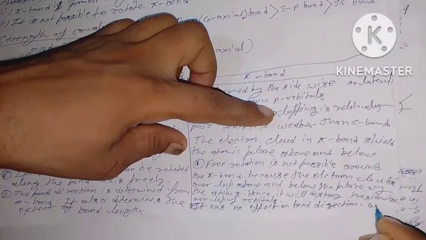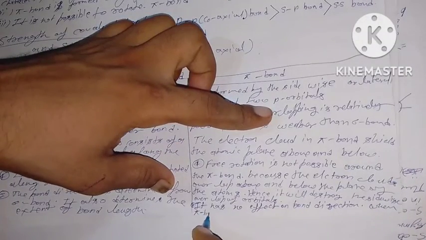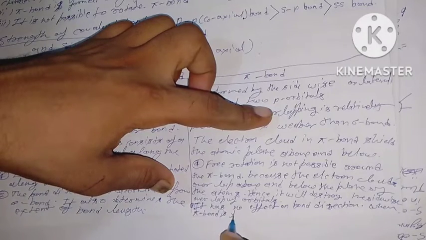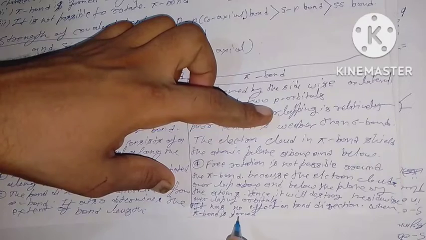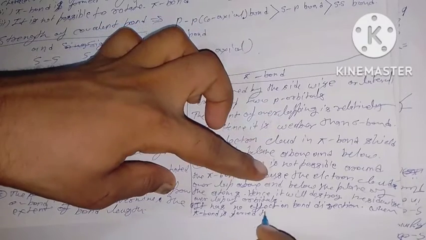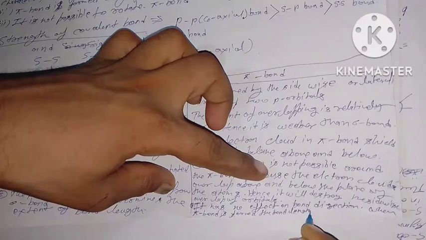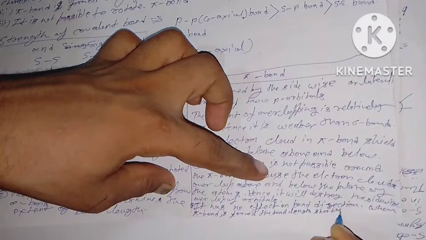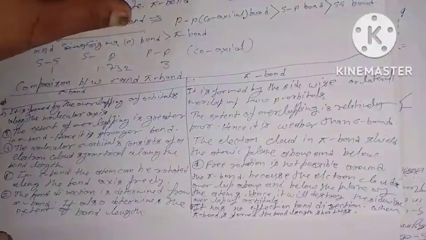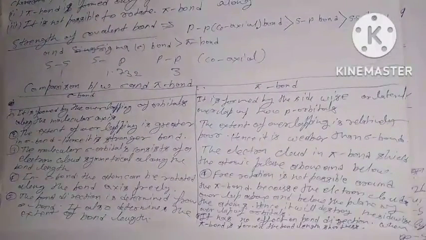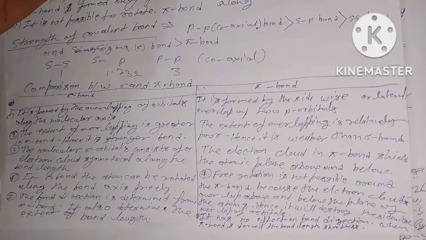When a pi bond is formed, the bond length becomes shorter. These are the comparing points of sigma bond and pi bond. Look at them carefully, it is very important for competition and board exams.